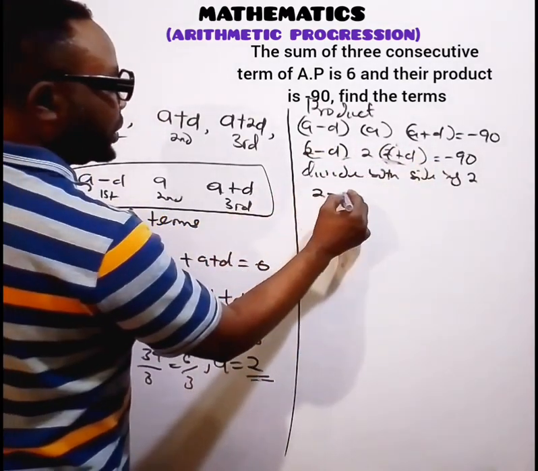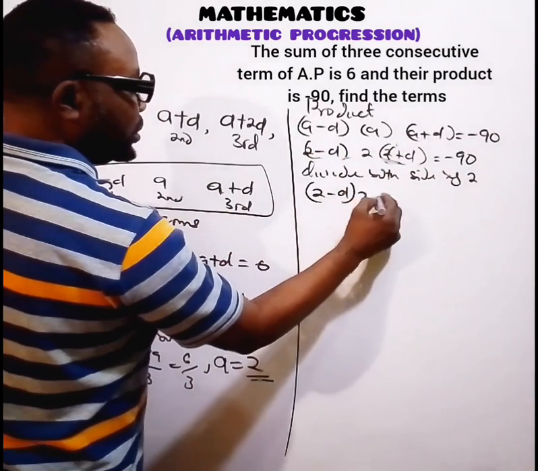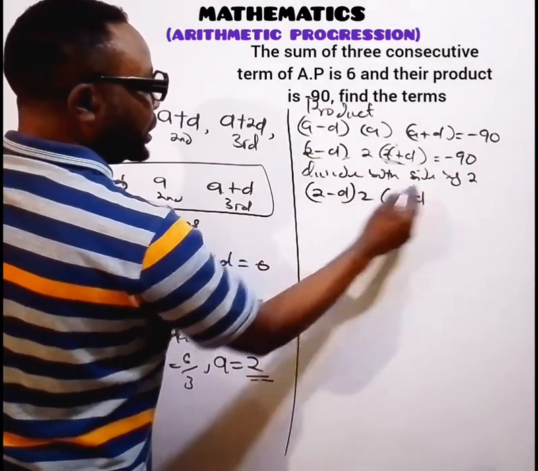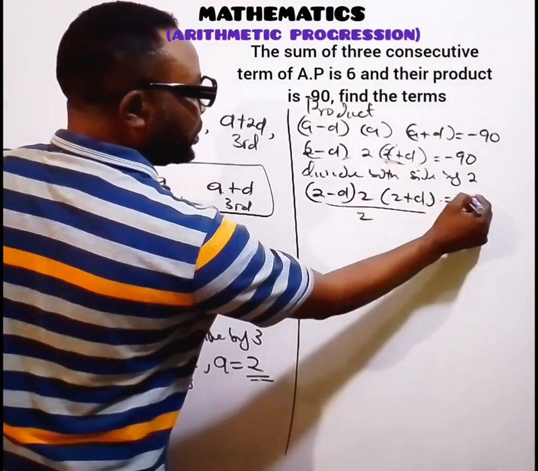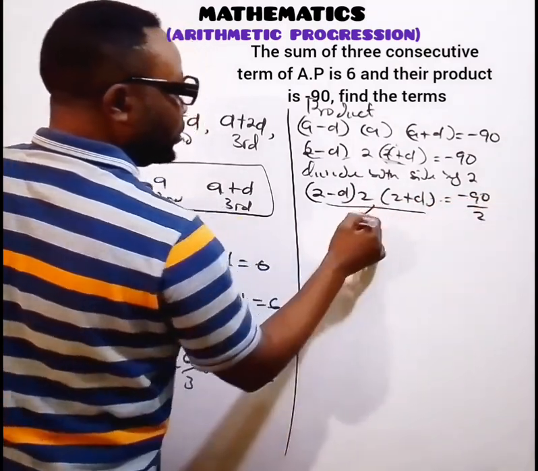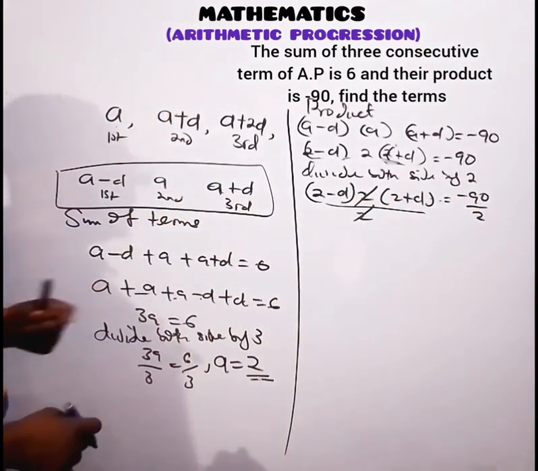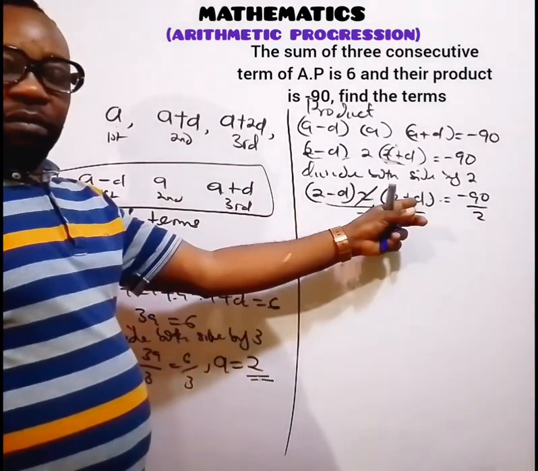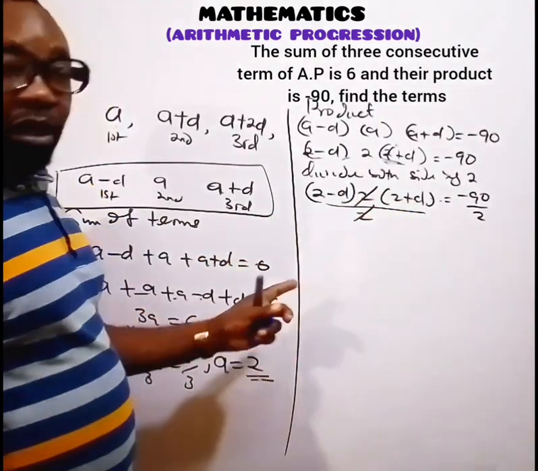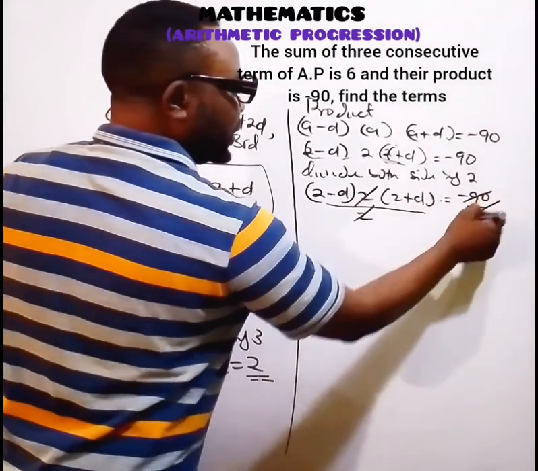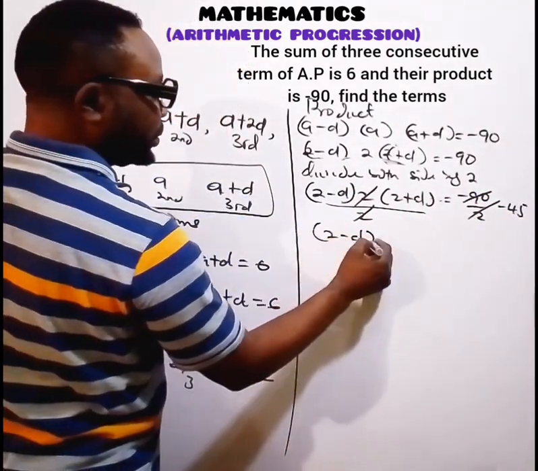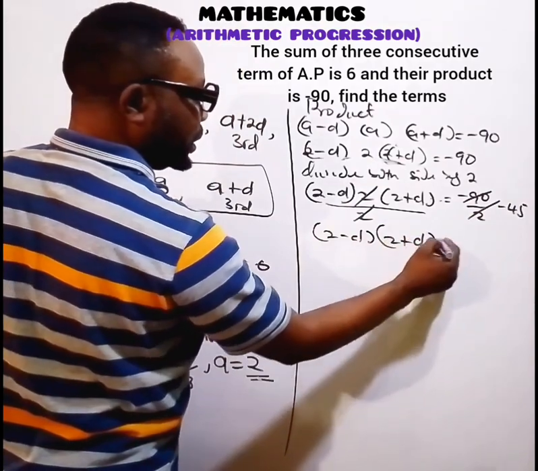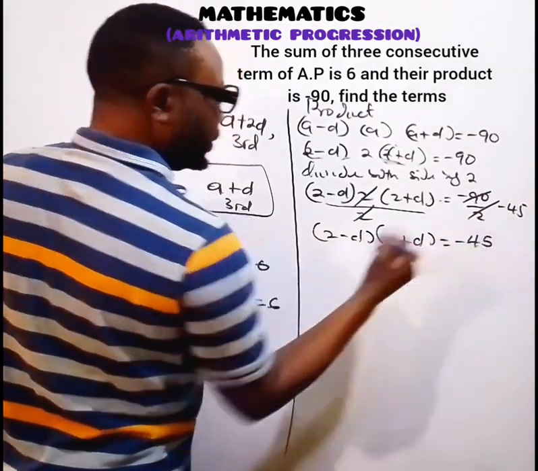We have 2 minus D, 2 plus D multiplied with one another, over 2 is equal to minus 90 over 2. We cancel the 2 out, leaving the other 2 in the equation. Minus 90 over 2 becomes minus 45. We are having 2 minus D, 2 plus D is equal to minus 45.